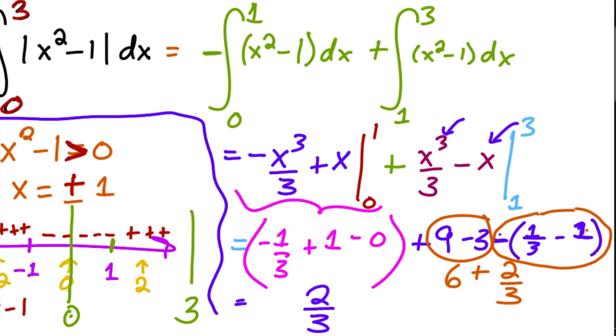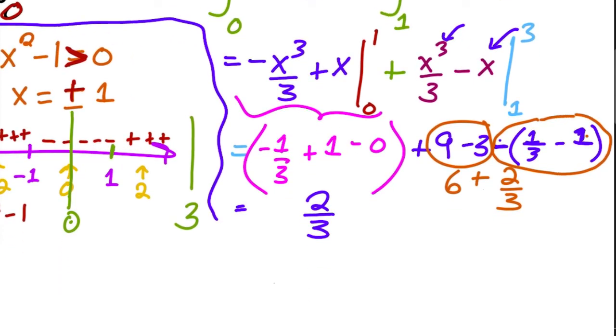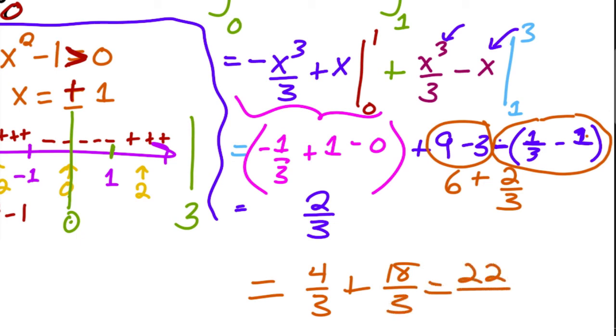Okay, so 2/3 plus 2/3 is 4/3, and then plus 6, if I turn that into thirds, that's going to be 18/3. So this is 22 over 3. Ta-da! We're done.